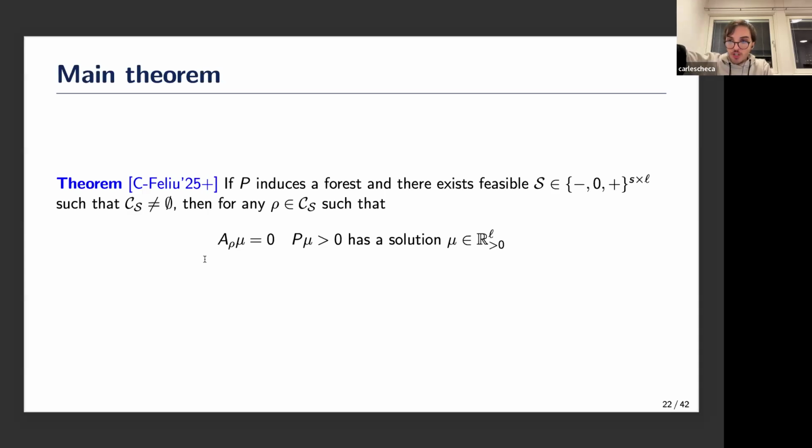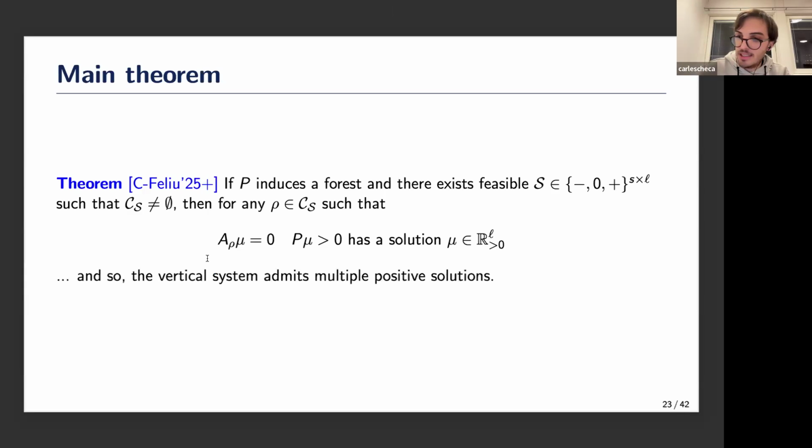And by the first reduction that we did in the talk, the vertical system admits multiple positive solutions, right? Precisely because we found the solution of the characteristic system with rho satisfying that it's in the image of the union of orthants and rho not lying in that other ugly set, all right?